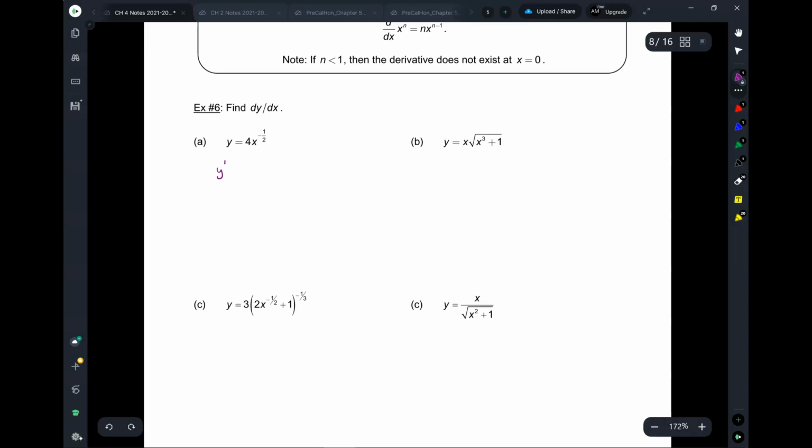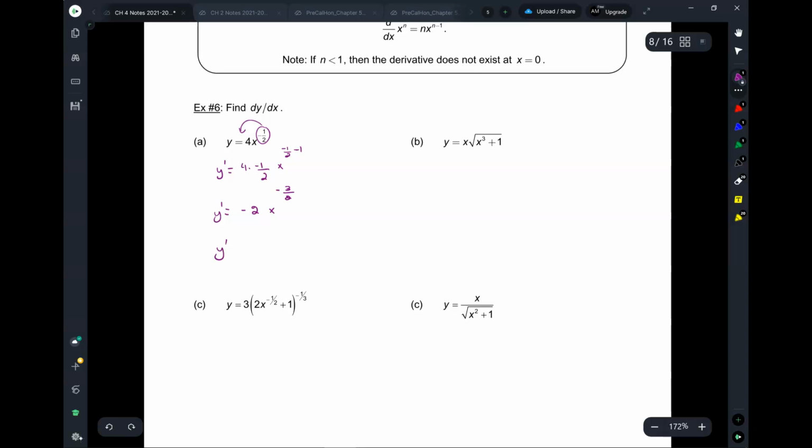All right, so y prime here, the negative half will come down. So it's 4 times negative half, x to the negative half minus 1, right? So it's negative 2 x to the negative 3 over 2.